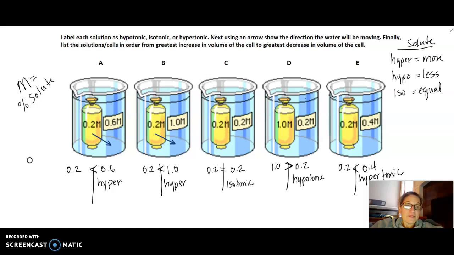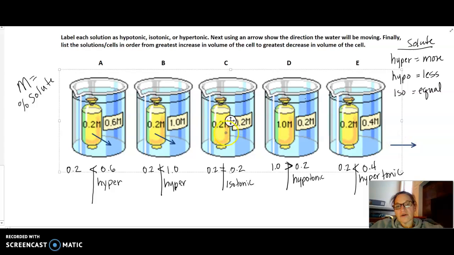In C is something different because it's isotonic, so it's the same. And so a lot of kids will want to say, oh, water's not moving. That's not true because water's always moving. And so for C, what you want to show is that water is going to be moving in and out. Water will be moving in both directions equally.